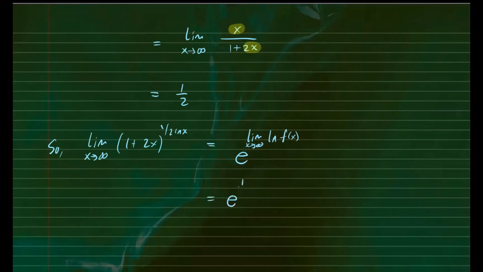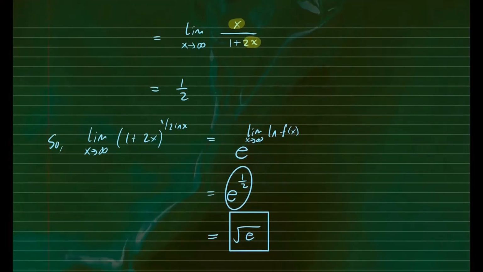That was 1/2. So our final answer is actually e to the power 1/2, or you can just say this is the square root of e. Any of these is fine. So if you apply ln, you must also apply the exponential at the same time because the rewriting has to make sense. So the limit of this function is e to the 1/2.